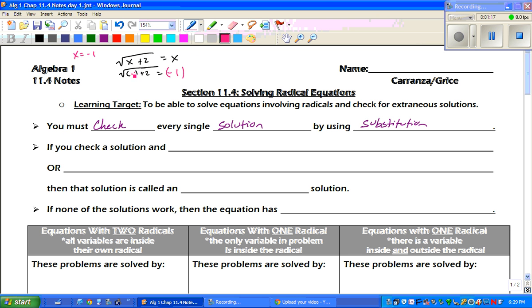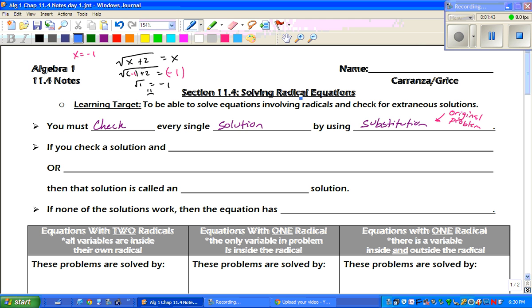So -1 plus 2 is the square root of 1, and does that equal -1? No, it doesn't. So that would be an extraneous solution. It doesn't happen, okay? And when we're talking about substitution, we need to substitute it back into the original problem.